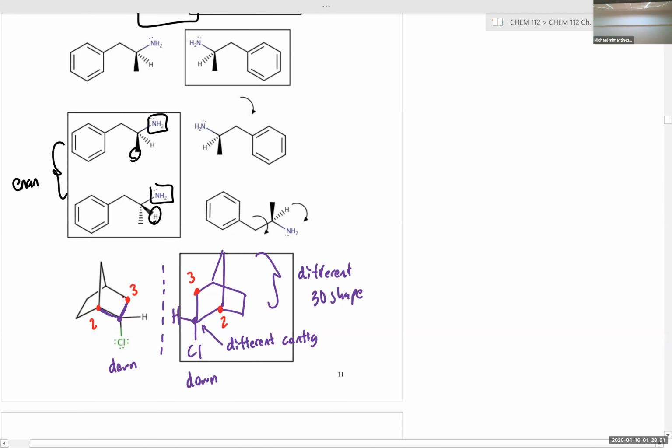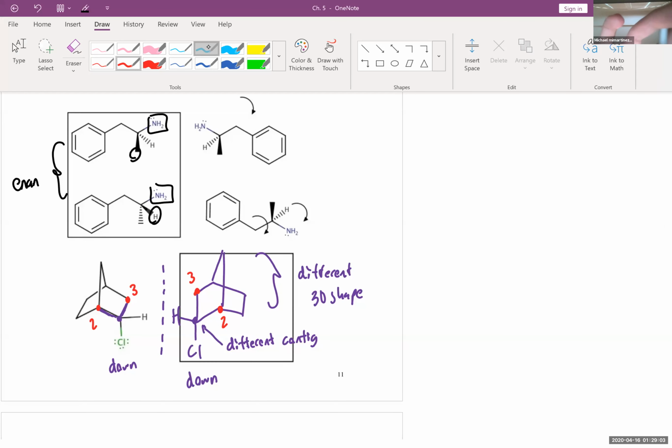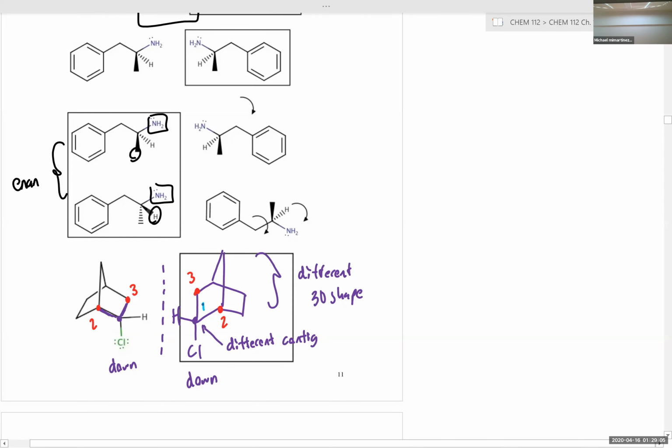Do you notice how 2 and 3 are in different spots relative to each other? We'll talk next about formal methods of assigning configuration, but essentially this configuration is an R in that the relative position of our numbered groups is clockwise to each other, while this stereocenter would be S, as the relative position of our groups is counterclockwise.